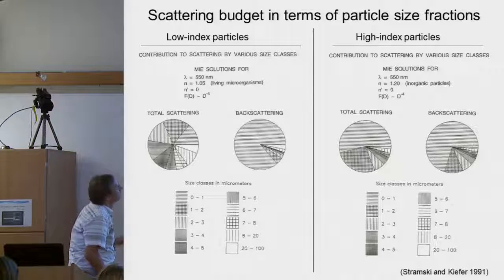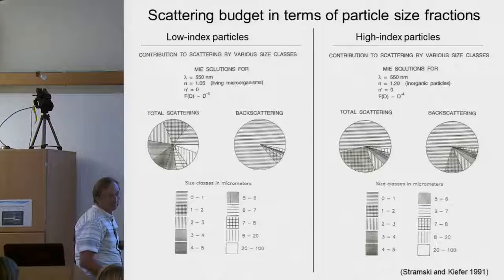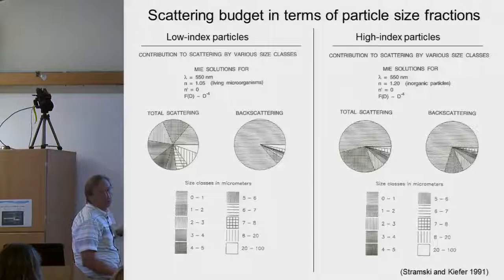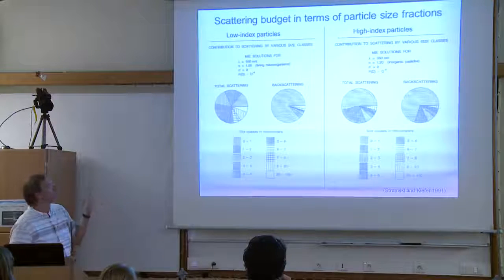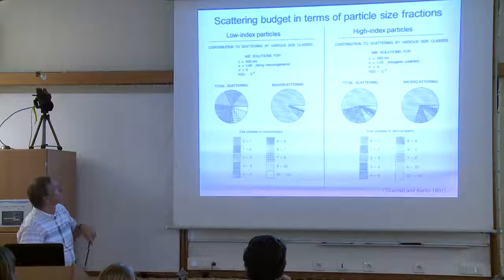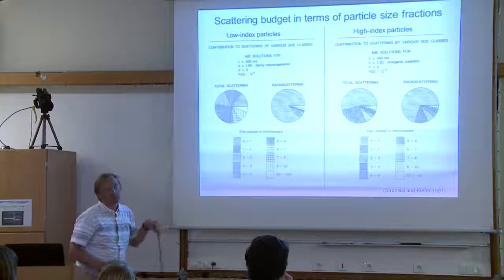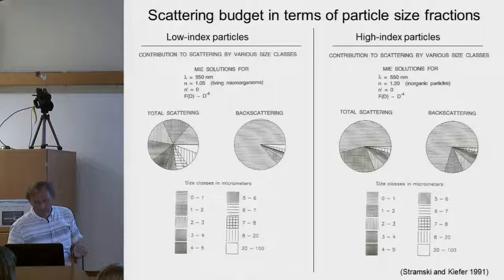It actually is important to dig in deeper, to design perhaps experiments that would be able to address the hypothesis with respect to the contribution of differently sized particles to scattering and backscattering, and learn more about the budget in terms of different particle size fractions. So that's another area for interesting work.